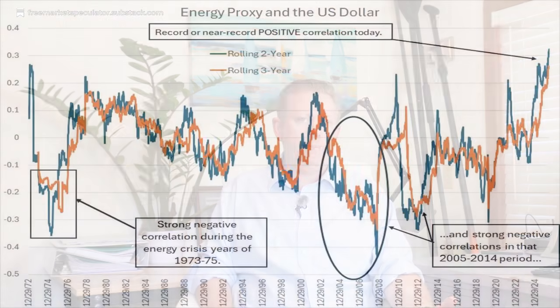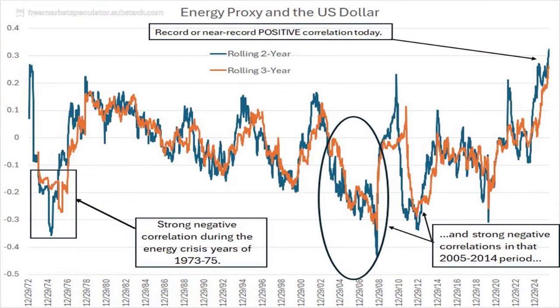What's also interesting is that we can see that early 1970s period on this chart now, which we couldn't on the other chart of WTI and the dollar. And there is a clear negative correlation between the US dollar and our energy proxy in the commodity supercycle, energy crisis, and stagflation years of particularly the mid to late 1970s.